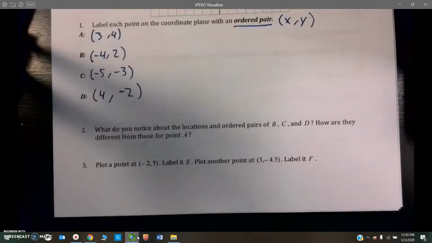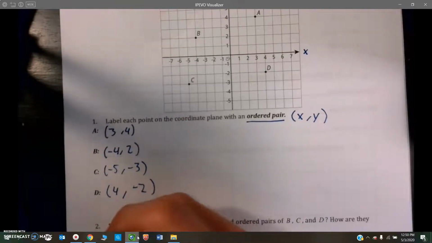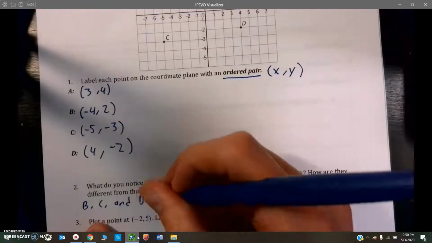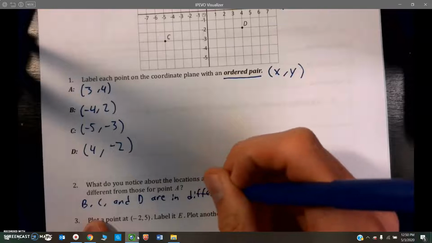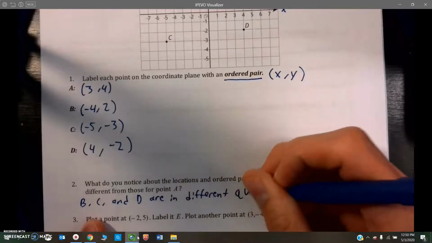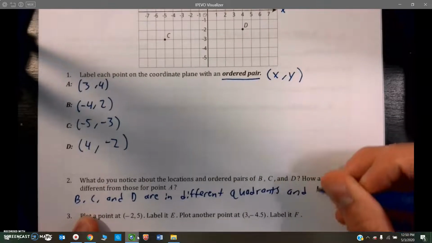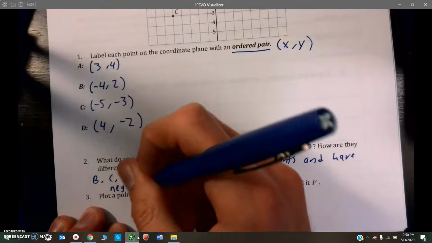So what do you notice about the locations and ordered pairs of B, C, and D, and how are they different from those for point A? Okay, so B, C, and D are in different quadrants. And have negative numbers.